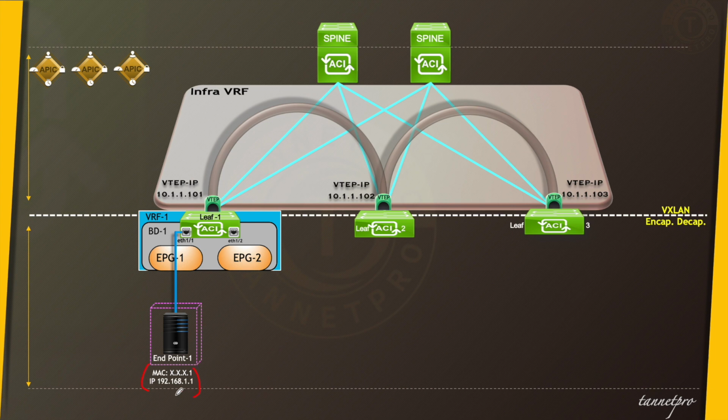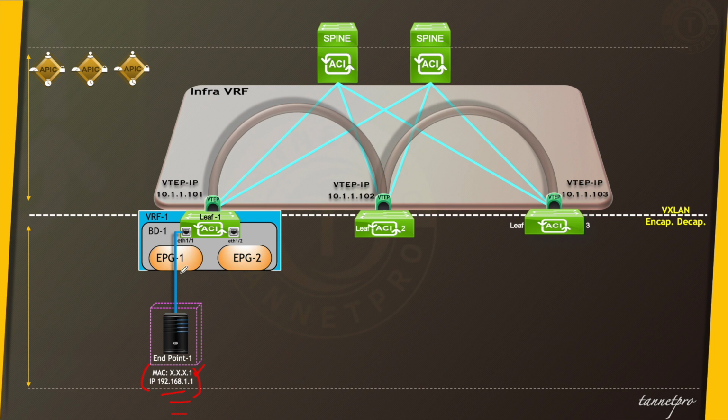Anything can be connected with a MAC address and IP address, physical or virtual, and it will be treated as an endpoint. There could be multiple IP addresses against a single MAC address, and that will be treated as one endpoint, right?